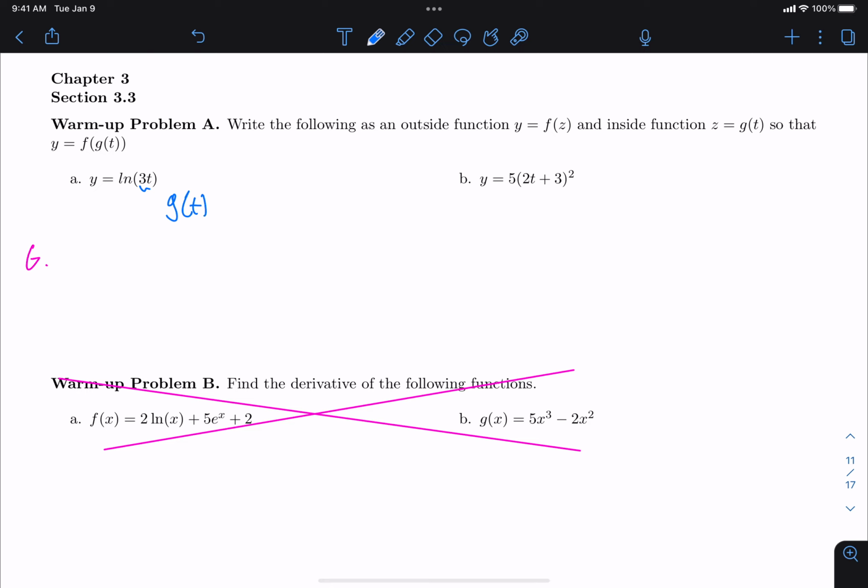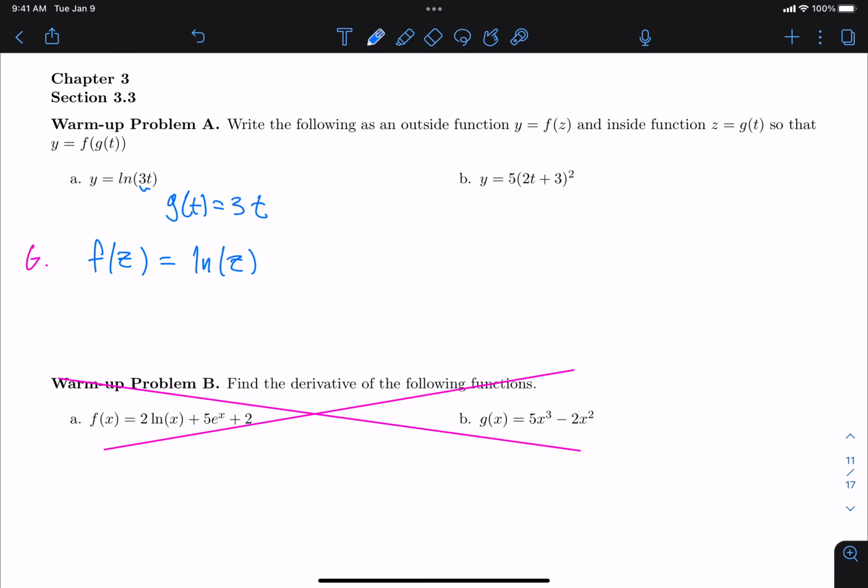So I'm going to let g of t be equal to 3t, and now I need to come up with a function f of z such that if you plug 3t in as the variable, you get ln of 3t. Well, that function is just the natural log of z. We use a different letter in each of them just to be extra careful when we're plugging one into the other that we don't get confused.